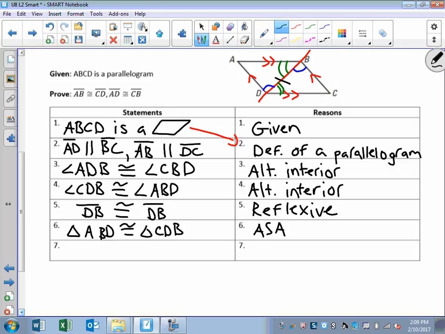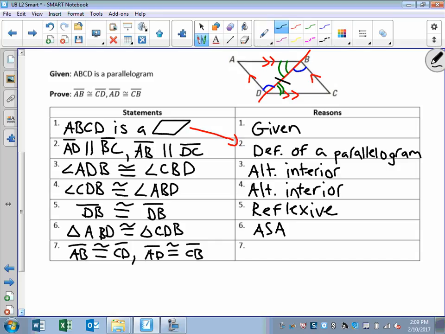Now that we know that the triangles are congruent, we can say that all the parts of the triangle are also congruent. So what it asks us to prove, AB is congruent to CD and AD is congruent to CB, we can now say that because we know that the triangles are congruent.